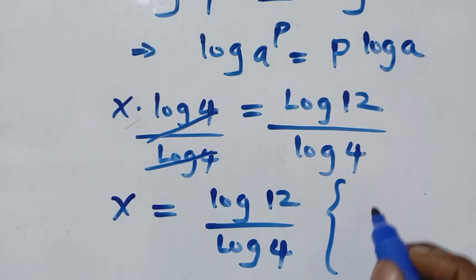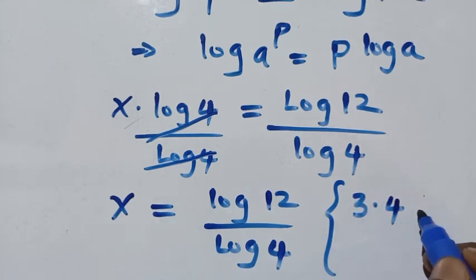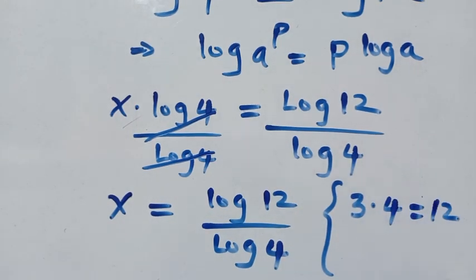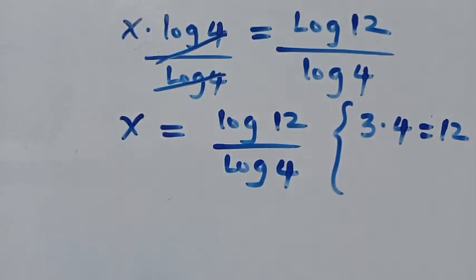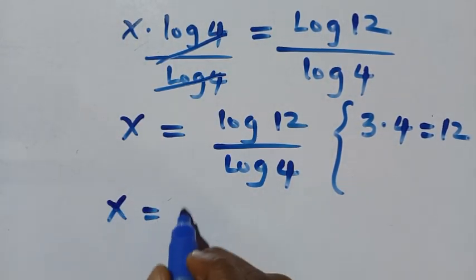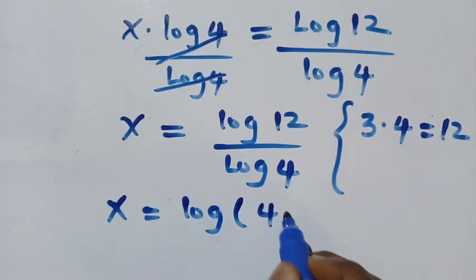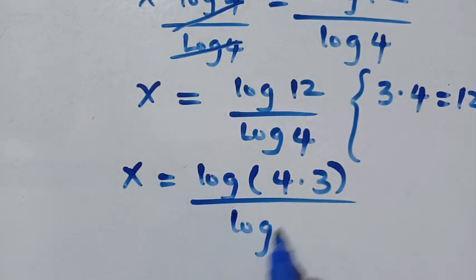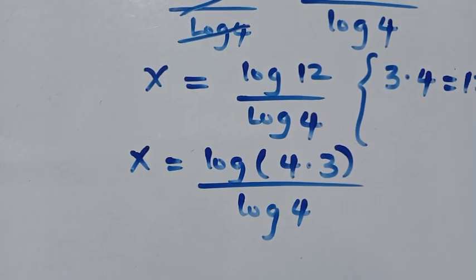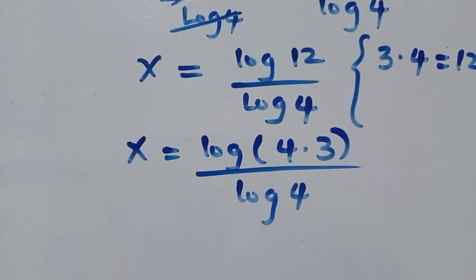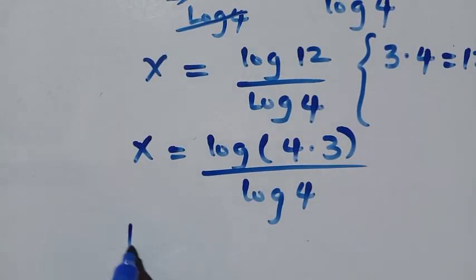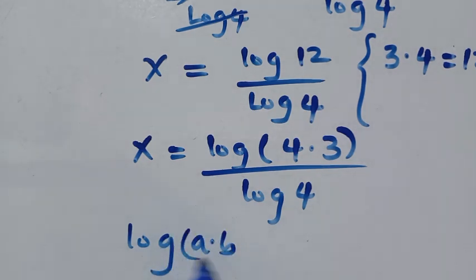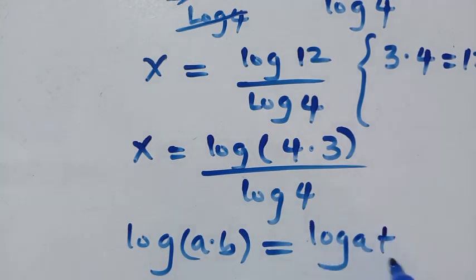But 12 is just like 3 multiplied by 4, and 3 times 4 equals 12. Then by replacing this, we have x equals log of 4 multiplied by 3 divided by log 4. This follows the rule of log: log of a multiplied by b equals log a plus log b.